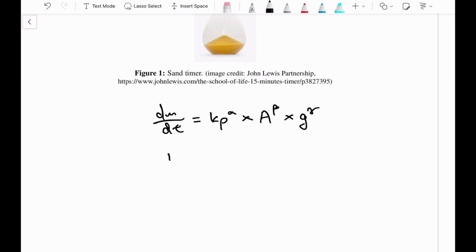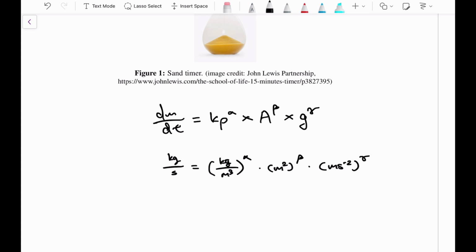So on this side it will be kg over s is equal to, k is a constant so we consider it as 1, and over here that is basically kg over meters cubed to the power of alpha, and then multiplied by the cross-sectional area to the power of beta, times this is acceleration, to the power of gamma.